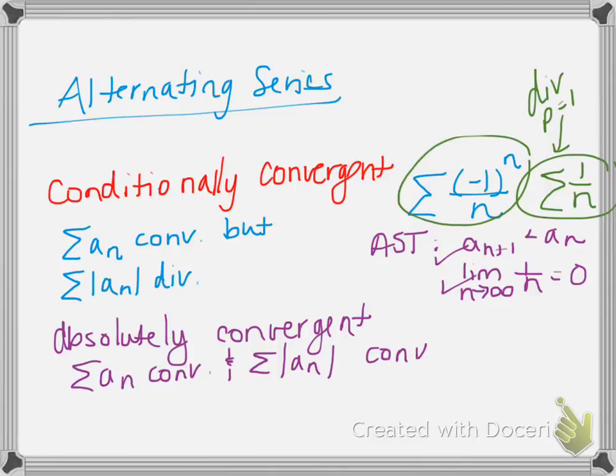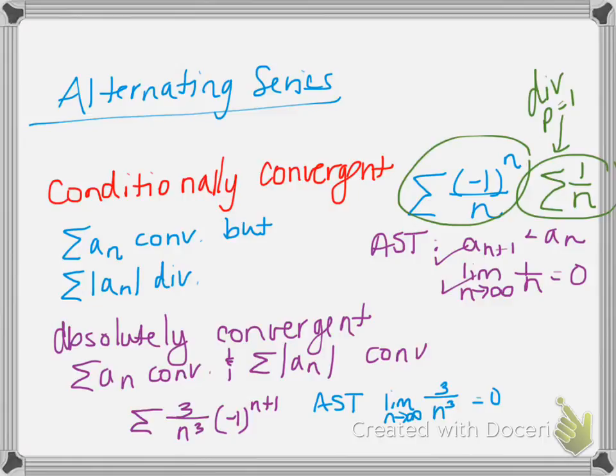So an example of this one, if I have 3 over n to the third times negative 1 to the n plus 1. If I do the alternating series test, I know that the limit of 3 over n to the third as n approaches infinity is 0.